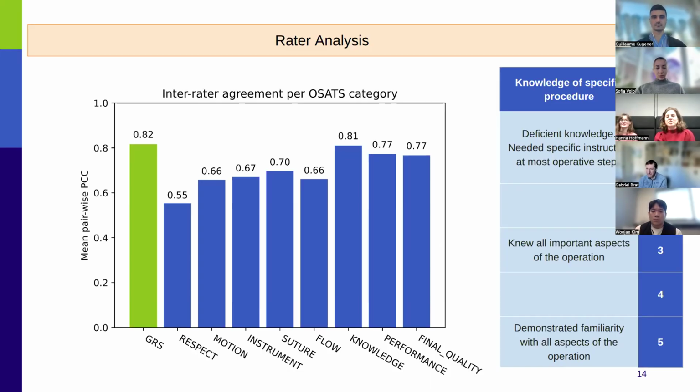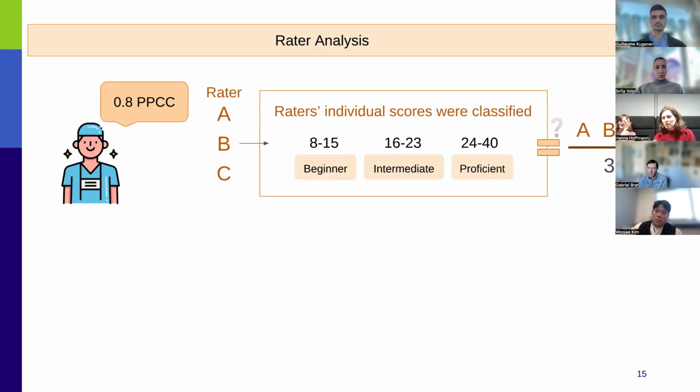Yeah, which is kind of what we saw when we looked at the individual rater scores. What we essentially did is we took the raters' global rating scores themselves, classified them into these 3 classes, and then compared that with this ground truth average.